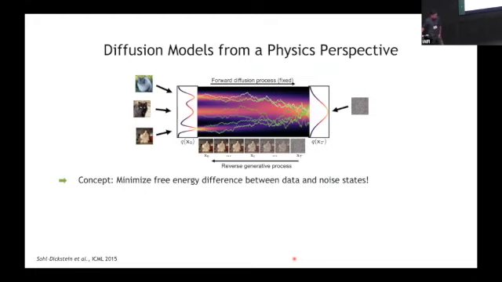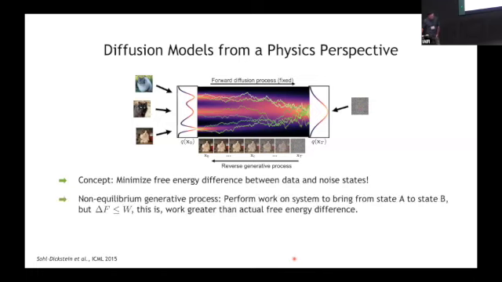Since for this audience it's also interesting to think about diffusion models from a physics perspective: you're basically minimizing a free energy difference between the data and the noise states on these two different sides. And you learn a non-equilibrium generative process because you go through these different states in a non-equilibrium manner. You perform work on a system when you generate your data to bring it from state A to state B. So the work that you perform might be bigger than the actual free energy difference.